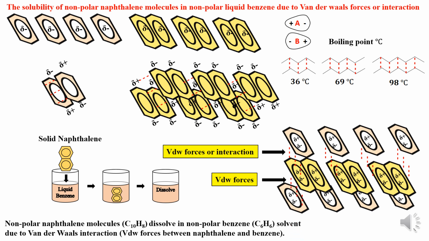So you can see the swapping of the intermolecular van der Waals forces between the benzene and the naphthalene molecules. The intermolecular force between the benzene molecules is swapped or replaced by the naphthalene molecules. It takes a very minimal amount of energy to separate one naphthalene molecule from another, and similarly, less energy is required to separate one benzene molecule from another.